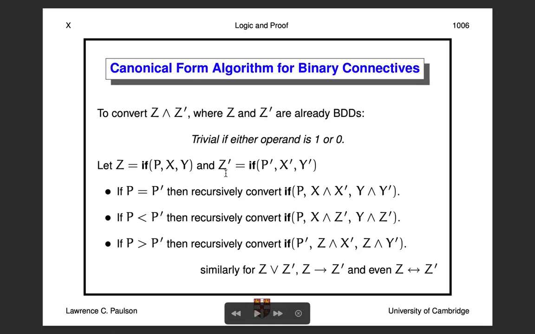And similarly, we have another BDD for the other operand with some variable p prime at the top, which leads to x prime and y prime. Now, it is much, much easier to understand if both of the leading variables are the same.